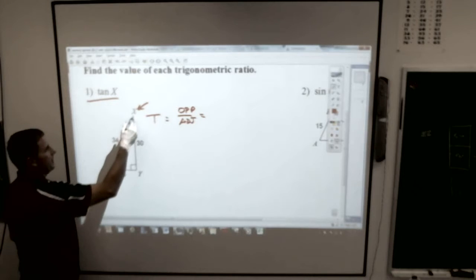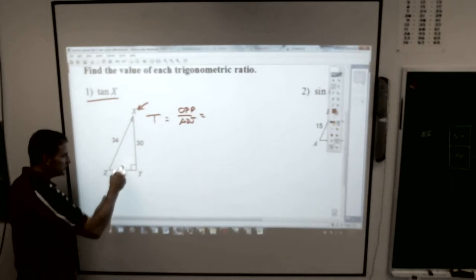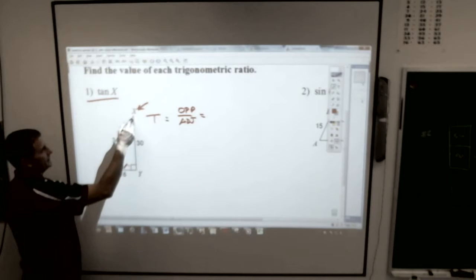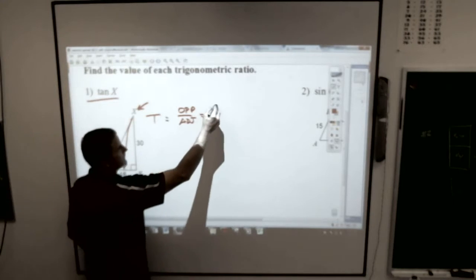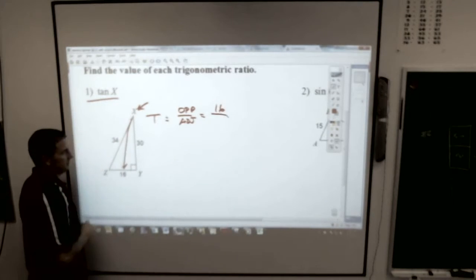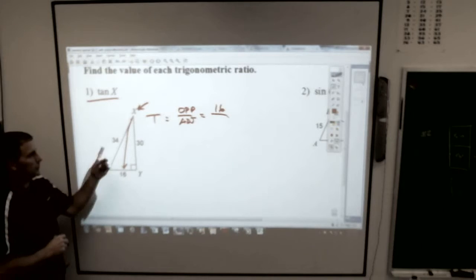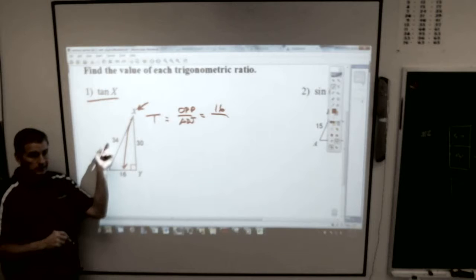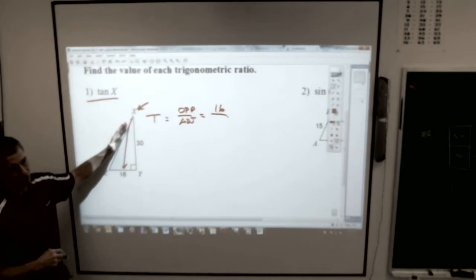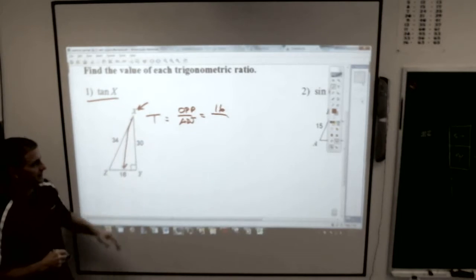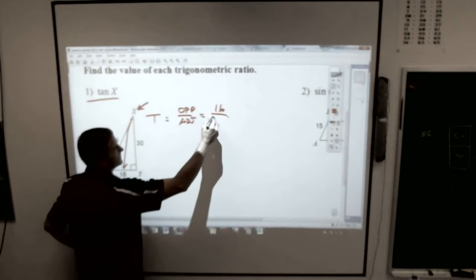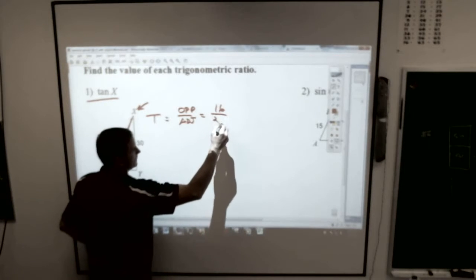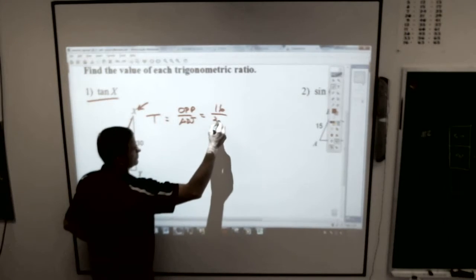Opposite of angle x appears to be a 16. Adjacent to angle x, how do I know which of these two is the adjacent side? It can't be the hypotenuse, because that's always the hypotenuse. It's the side that's not the hypotenuse that connects it, so it is 16 over 30. All you have to do is reduce that.